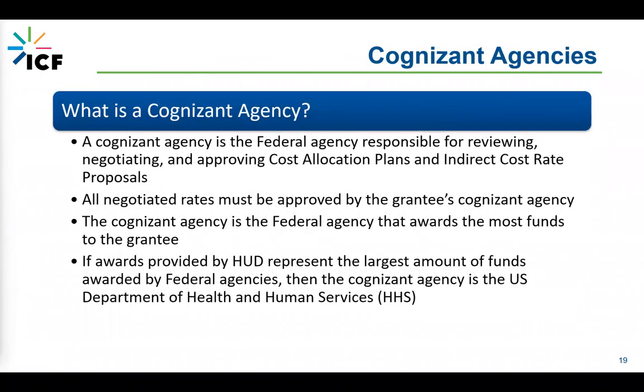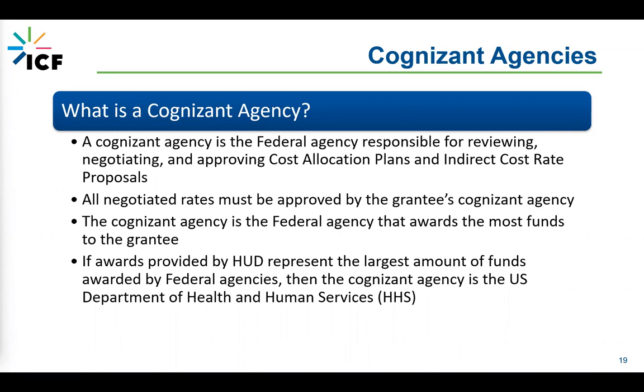So we've talked about this term, cognizant agency. What is a cognizant agency? A cognizant agency is the federal agency responsible for reviewing, negotiating, and approving cost allocation plans and indirect cost rate proposals. All negotiated rates must be approved by the grantee's cognizant agency. And the cognizant agency is the federal agency that awards the most funds to the grantee or its subrecipients.